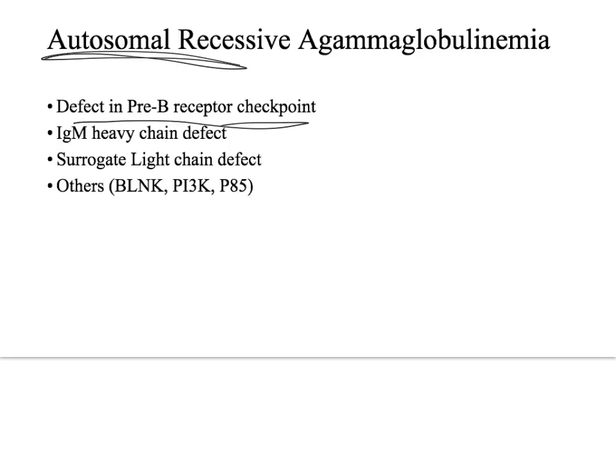You have pre-B cell receptor checkpoints to make sure everything is working right, and you have a defect in one of those checkpoint proteins. And when you have a defect, it doesn't allow the cell to move on because it can't say, yep, checkpoint good, go ahead to the next stage. It'll sit there, and it will not mature into a B cell.